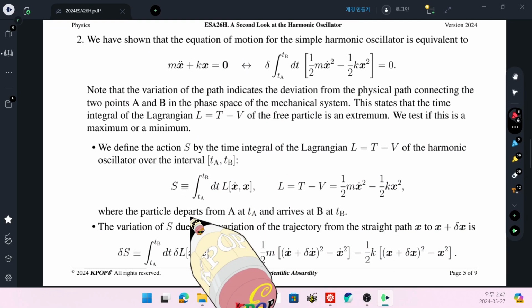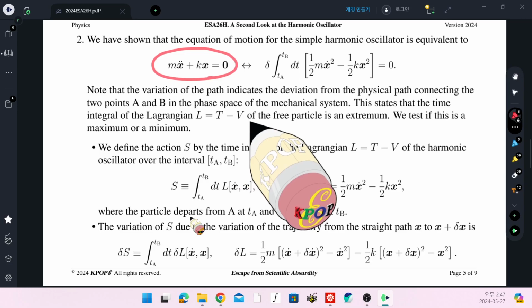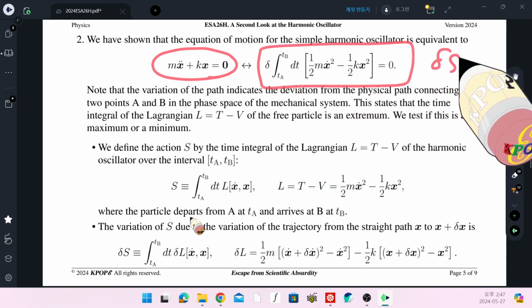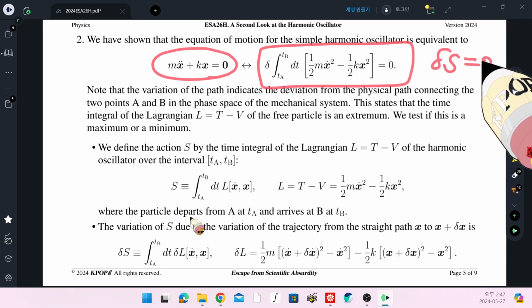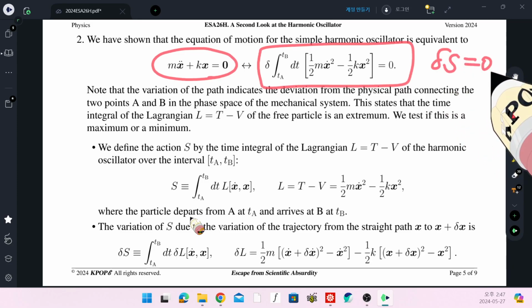All right, we have shown that the equation of motion is equivalent to the fact that the variation of the action is 0.